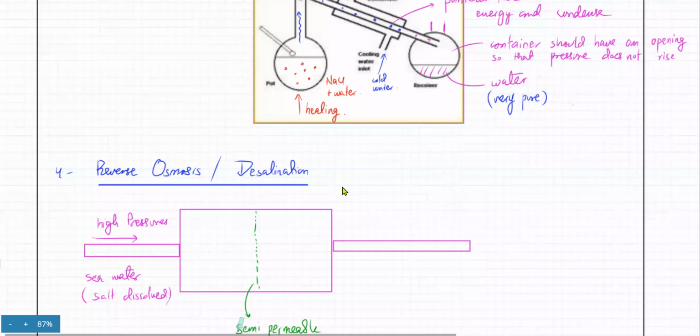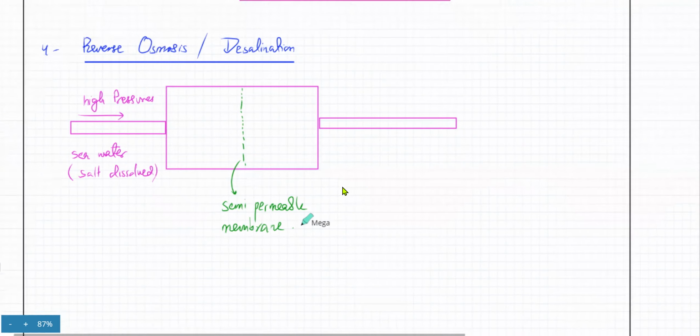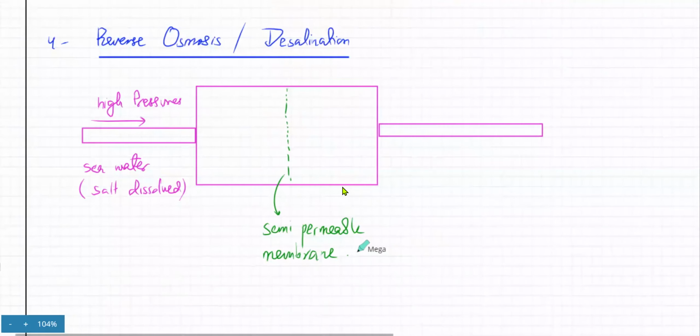Filter papers are good for stopping large particles, but semi-permeable membranes can stop really small particles at the atomic level, the ones that you can't see. So you have all these salt particles coming in, along with the water. Now, the salt particles would not be able to cross the semi-permeable membrane.